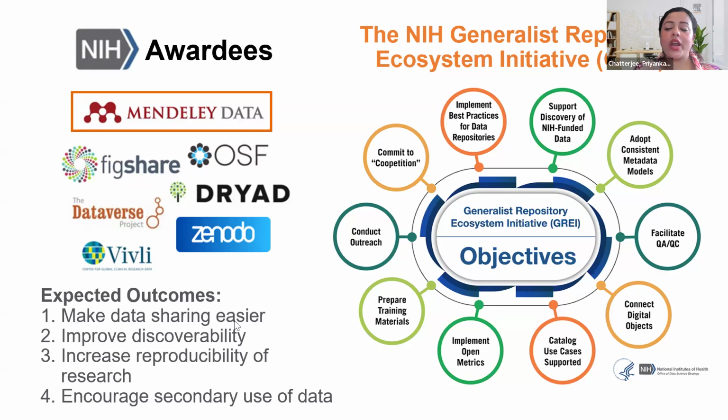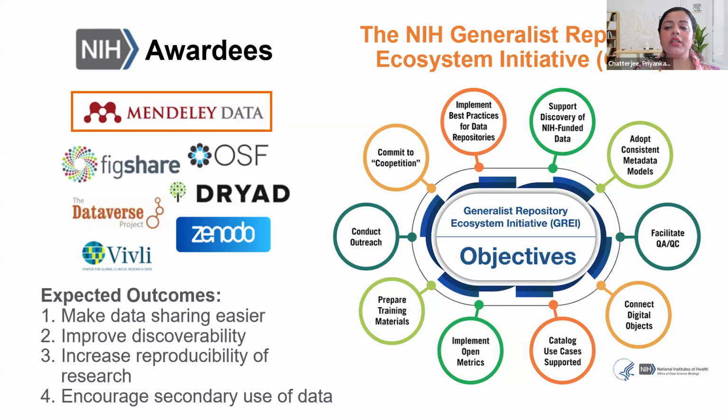To make data sharing easier for all researchers, so that when you share your data, it improves discoverability. That means making these platforms available in a way that makes your data visible globally, so that you have more discoverability, more chances of collaboration, and increased reproducibility of research.